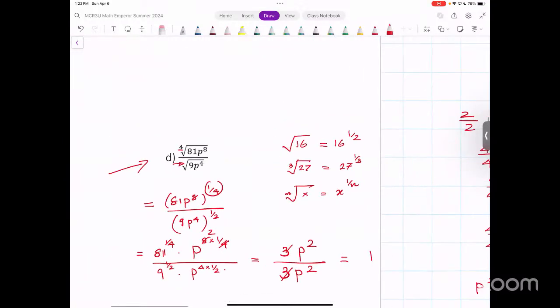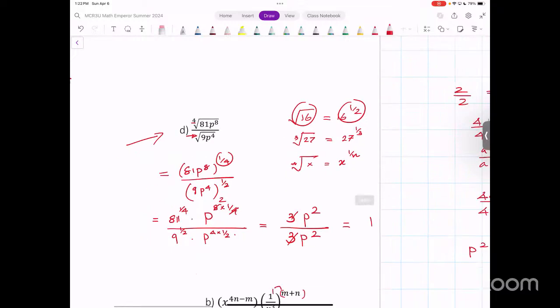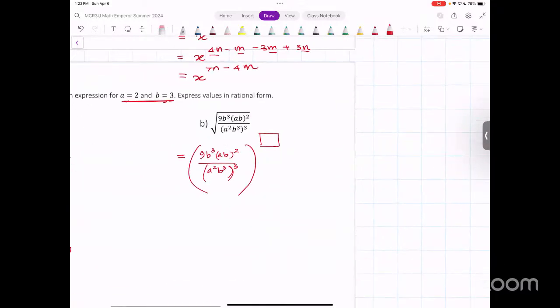When you have the square root of 16, the exponent is 1/2. I know you're all hungry, I'm hungry too. The exponent must be 1/2. A square root has an exponent of 1/2. You cannot forget that. Except for the square root, if you put any other number, we can rewrite it as x to the power of 1 over the number.